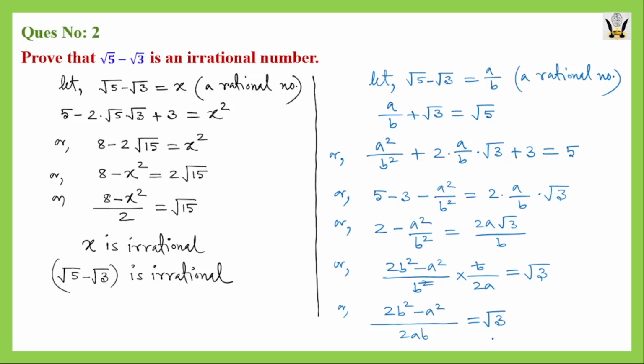But on the other side we have root 3, and we know root 3 is an irrational number. So again these two are contradicting each other. That means our assumption was not correct. So root 5 minus root 3 is not a rational number, it has to be an irrational number. So this is how we solve or justify this type of problem sum.